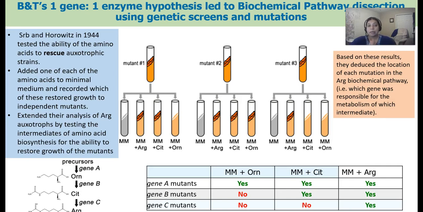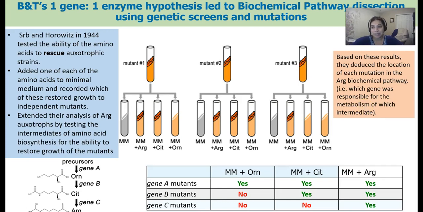And if it was, then they knew that that's the pathway that was broken and they would call it by that mutation. So if a mutant only grew in the presence of arginine in the minimal media, then the original mutant was mutated in the arginine pathway that was required to build arginine.